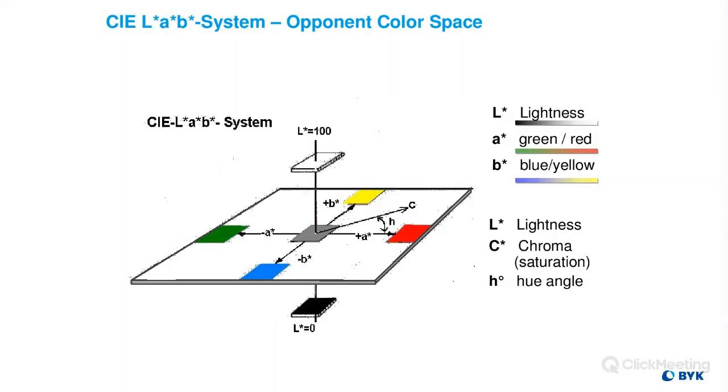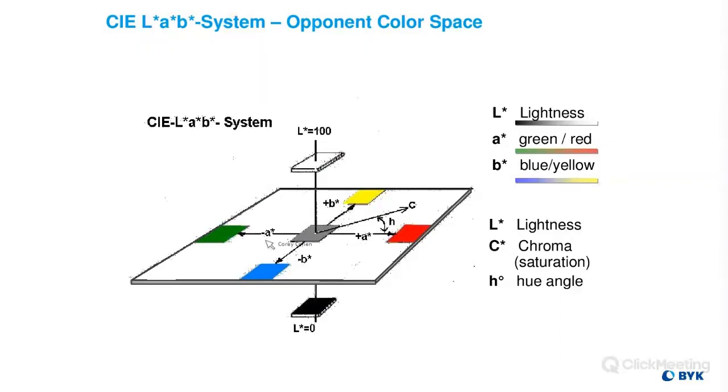And this is based on what we call opponent color theory, which is where red and green are considered opposites. And so you can move back and forth on this line to say that you have more red or less green. But you can't have lots of red and lots of green in a color because they're opposites and they would cancel each other out.